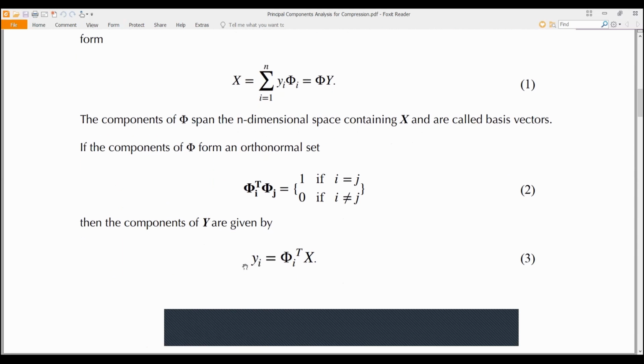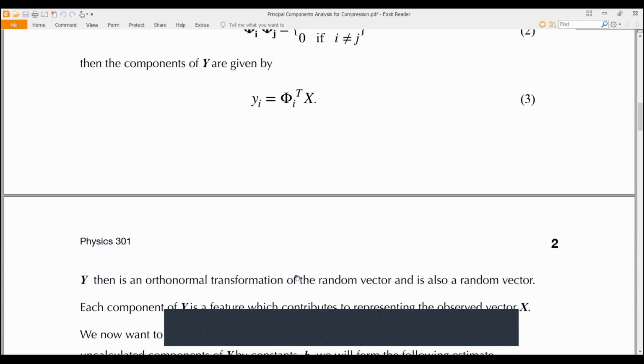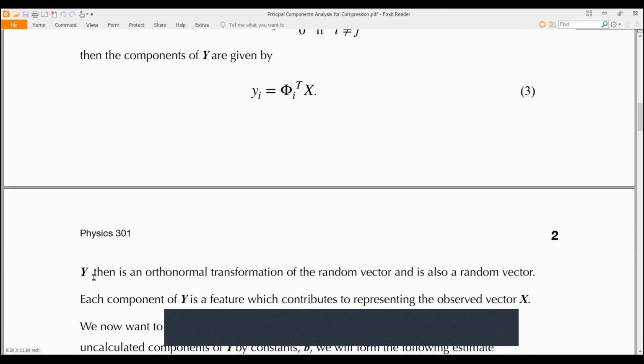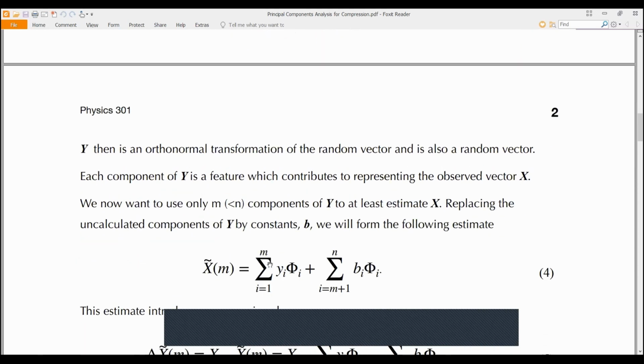So these are the coefficients yi. So y then is an orthonormal transformation of the random vector and is also a random vector. Each component of y is a feature which contributes to representing the observed vector x.